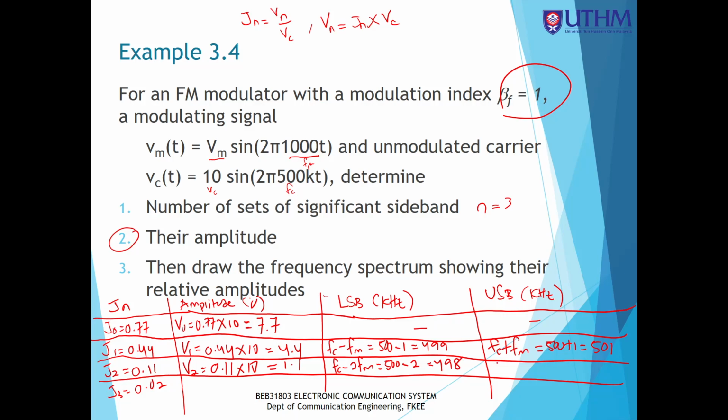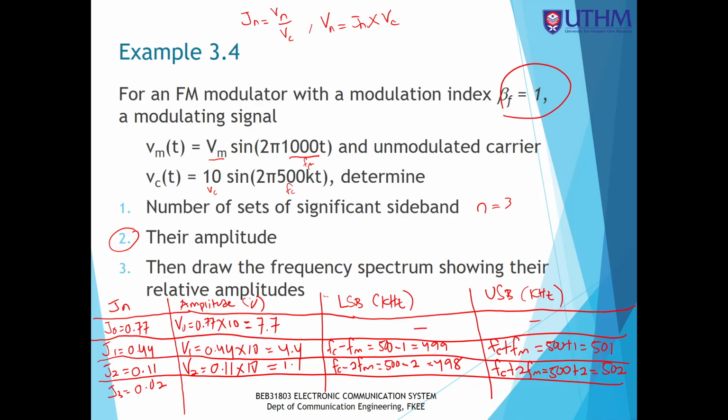And for the upper sideband, Fc plus 2Fm, which is 500k plus 2 kilohertz, so it is actually 502 kilohertz.